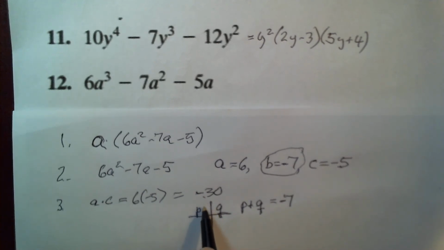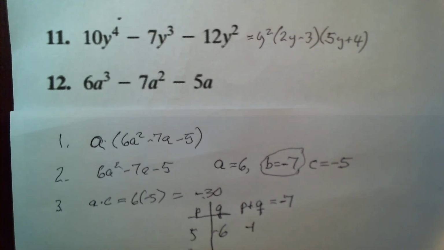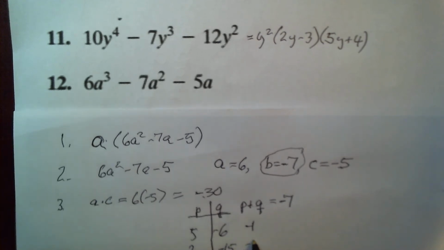So minus 30 could be written as 5 times minus 6. So that would be minus 30. But of course, when we add 5 and minus 6, we get minus 1 and not minus 7. Then there would be 2 times minus 15. That would be minus 30 also. But 2 minus 15, the sum of them would be equal to minus 13.